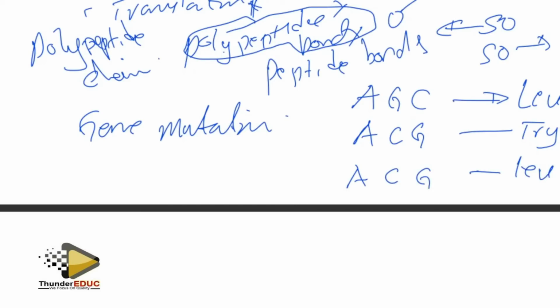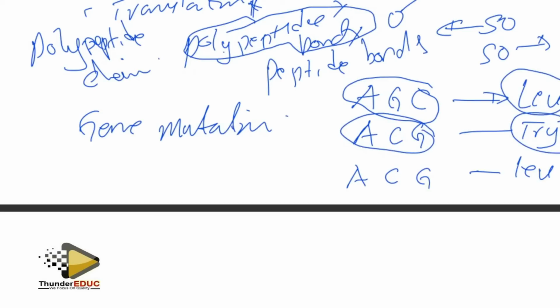Then they ask you, how will the protein be affected if this is changed to this? Because you form a different amino acid, the functioning of the protein will change.